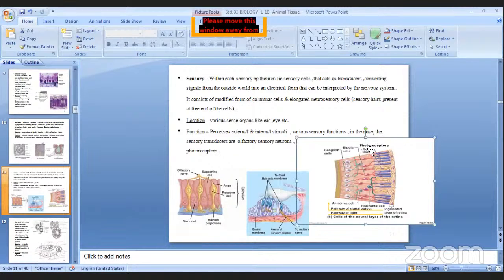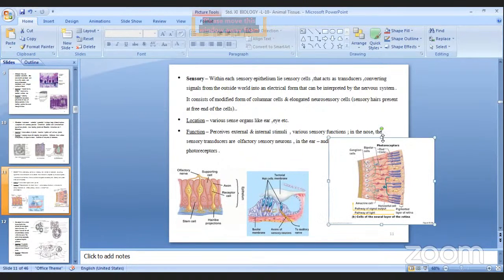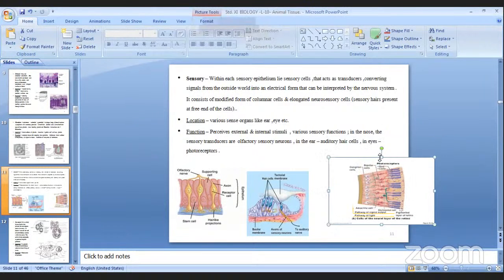So they receive, they are sensory over here. You can see these sensory cells passing over here, these pink color ones, isn't it? These are rods and cones. They work as the photoreceptors. This is in the eye. The middle diagram is in the ear, auditory, and this is in the nose, olfactory.